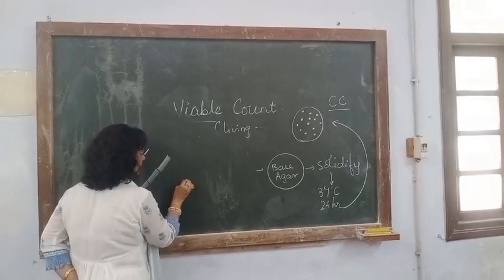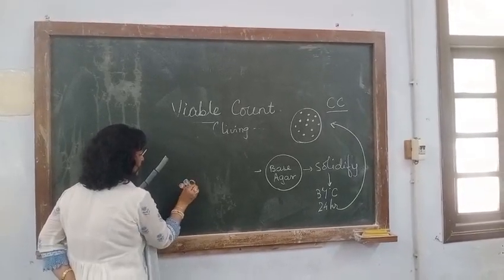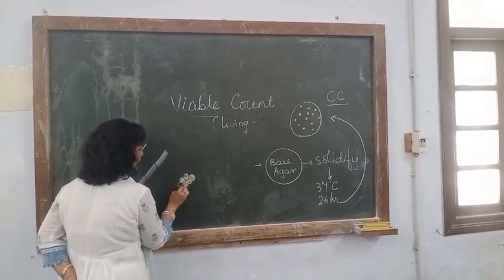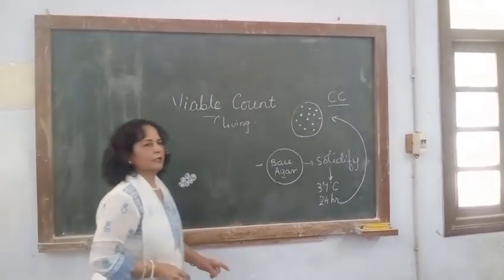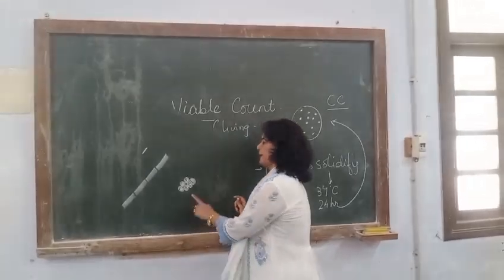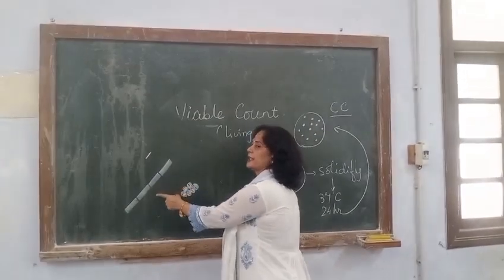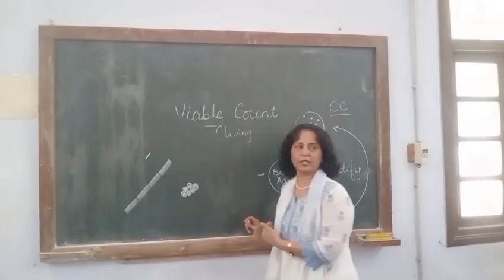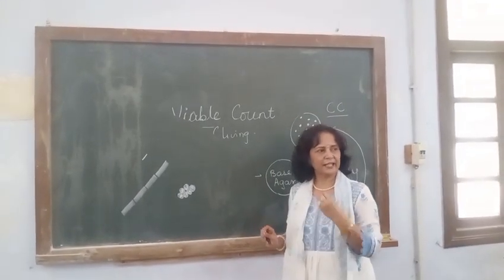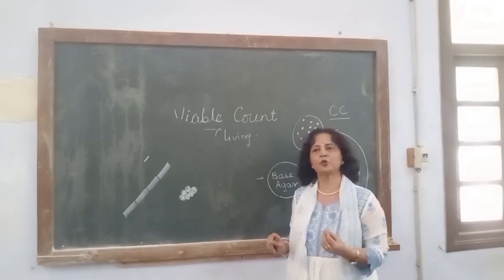So if a single colony has grown, it does not mean that it has grown from one single bacterium. Okay? The possibility is that it may be a bunch of cells, or it may be a chain of cells, or it may be an individual cell. So there are so many possibilities. So we can never say that one bacterium is equal to one colony.